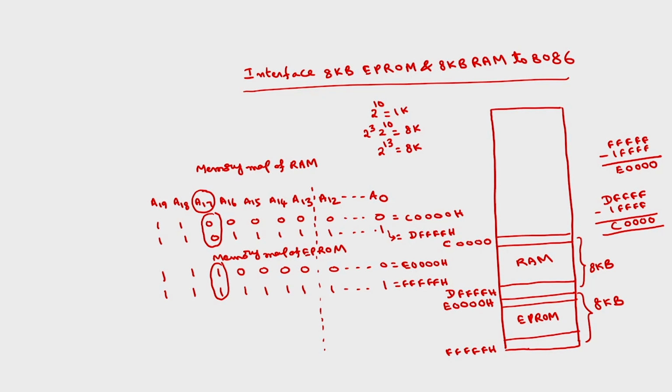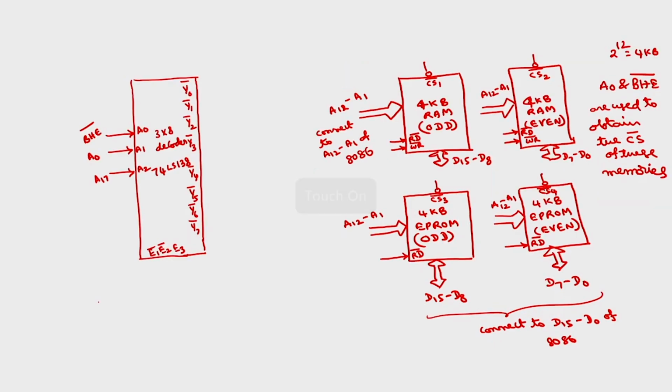So, I can use A18 and A19, both are ones, and pass them through a NAND gate to generate 0. If you pass that to a NOT gate, this becomes 1. This is A18, A19.